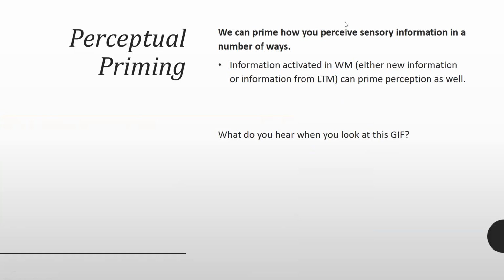GIF that we have online. The question is, what do you hear when you watch this GIF? About a third of people actually hear some type of thudding or thumping noise.